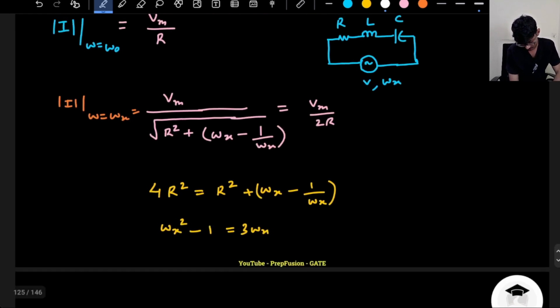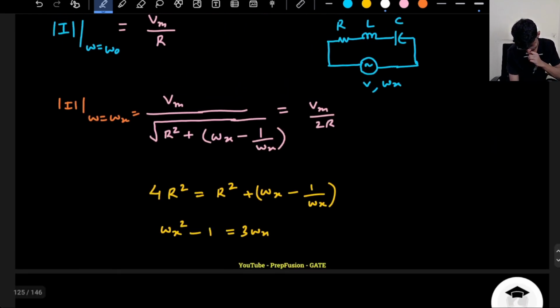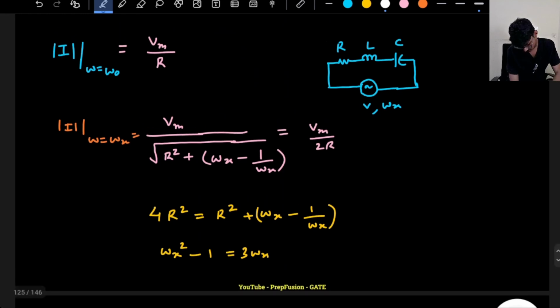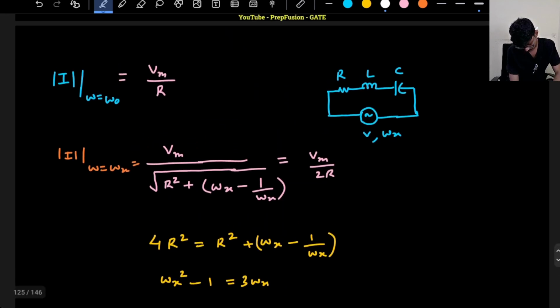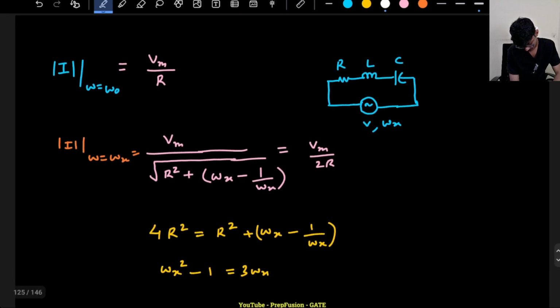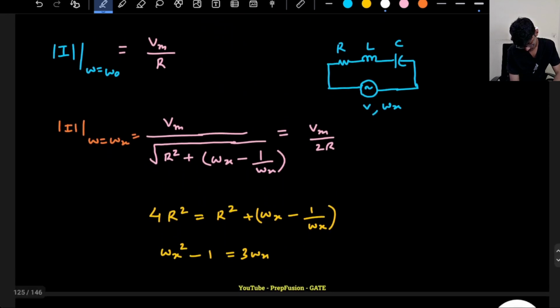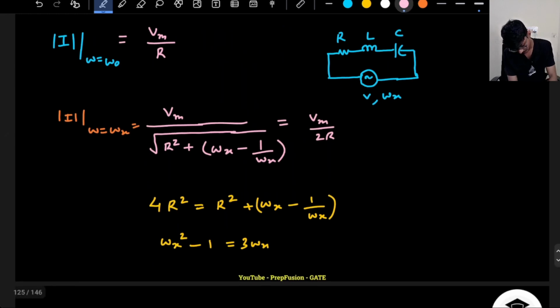I will just quickly check whether I am doing anything wrong here or not. R squared is 1 only. If I square this, sorry, I made a huge error.